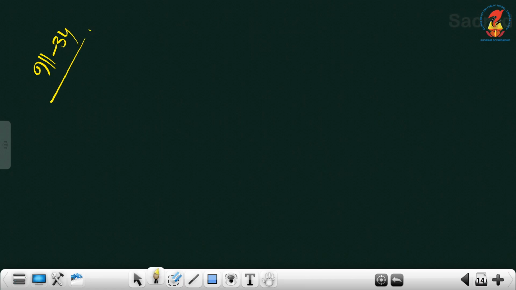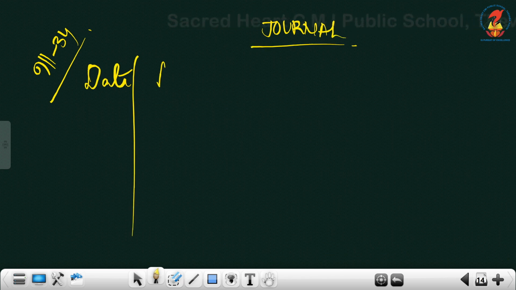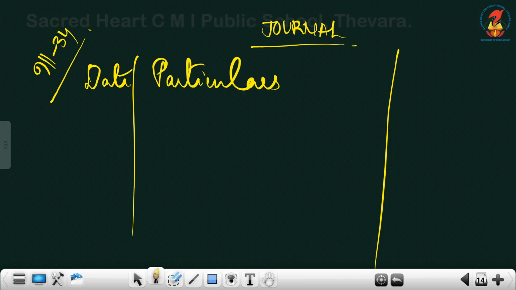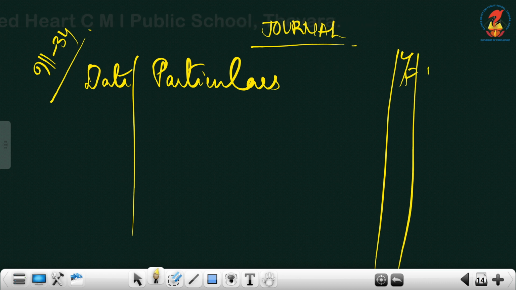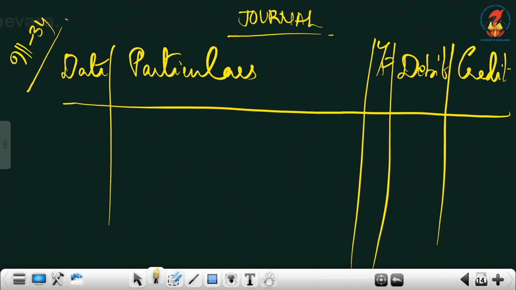Illustration 34. The first one is the date you write, September 30th 2012 is the year.